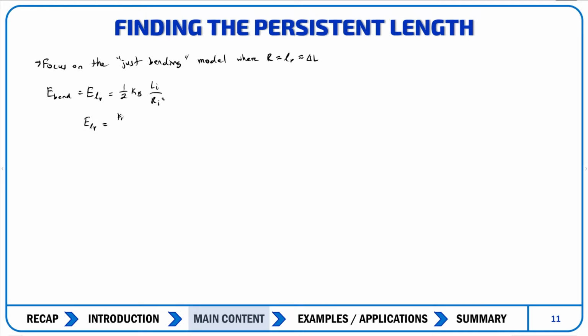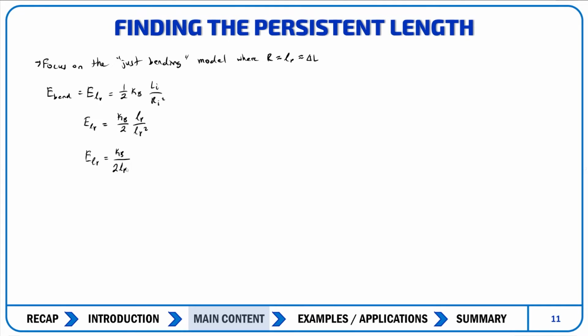So we just write down kappa B over 2. We know this is LP, and we know also that R for this case is going to be LP. So we can simplify this by making everything the persistent length. Therefore, ELP is equal to kappa B over 2 LP.